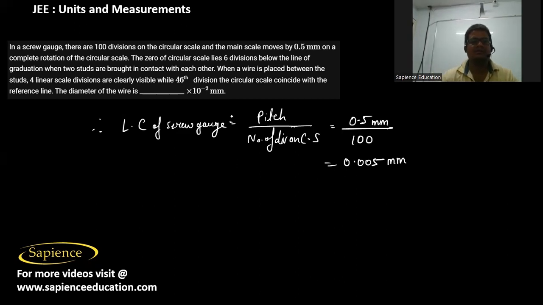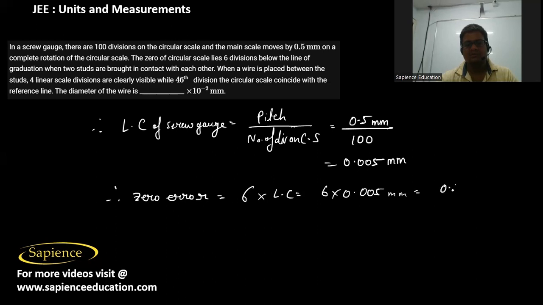This is the least count. Now we have to find the zero error. The zero of the circular scale lies 6 divisions below the line of graduation, so the zero error will be 6 into the least count, that is 6 into 0.005 millimeter, so that is 0.03 millimeter.